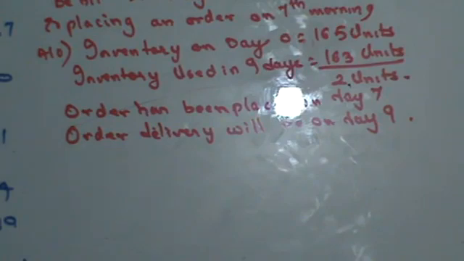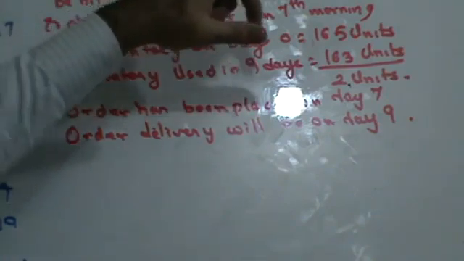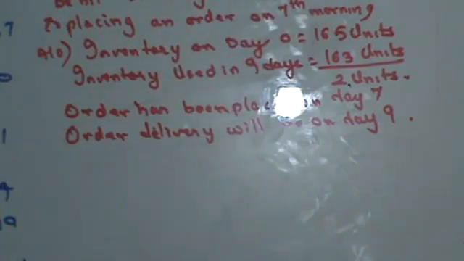So in that case, I have units for production on 9th day. I don't have units for production on the 10th day. So will my production be hit? No. I'll get my order on the 9th day and I need those units on the 10th day.